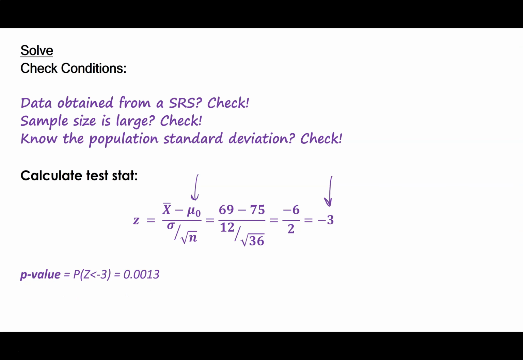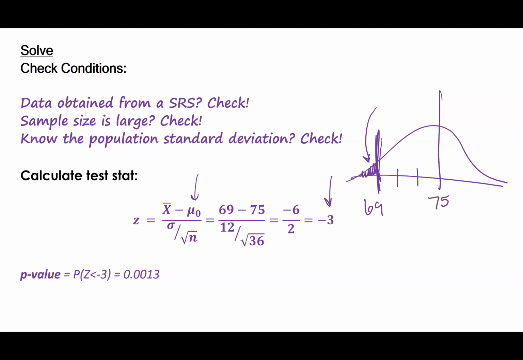And so this is a one-sided p-value, because if it's 75 as claimed, and we're looking at 69 or lower, this shaded area is our p-value, which you can use a z-table or a calculator. We get a p-value of 0.0013.